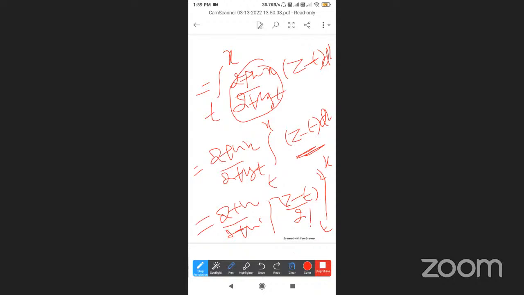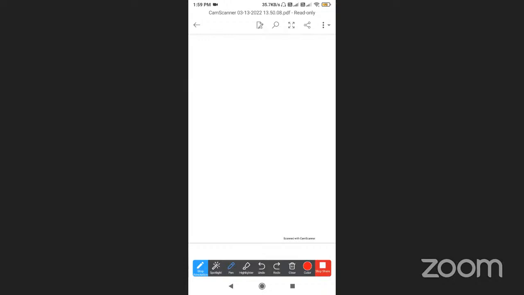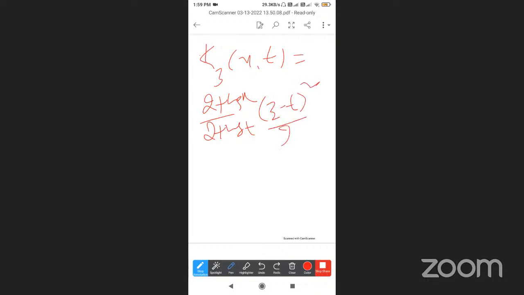So K3 of x comma t is equal to the same constant 2 plus cos x by 2 plus cos t, into x minus t whole square by 2, where 2 can be written as 2 factorial. That is the second degree in K3, 2 factorial.